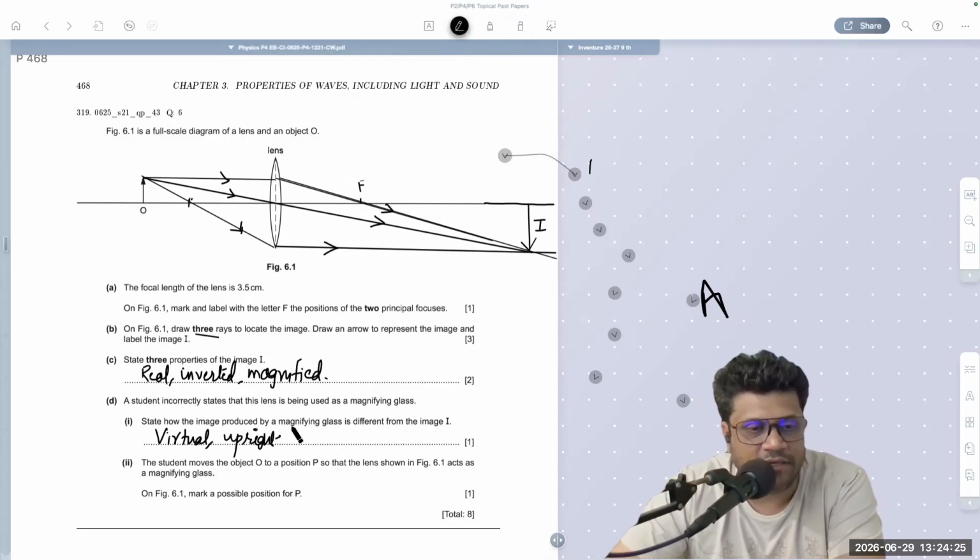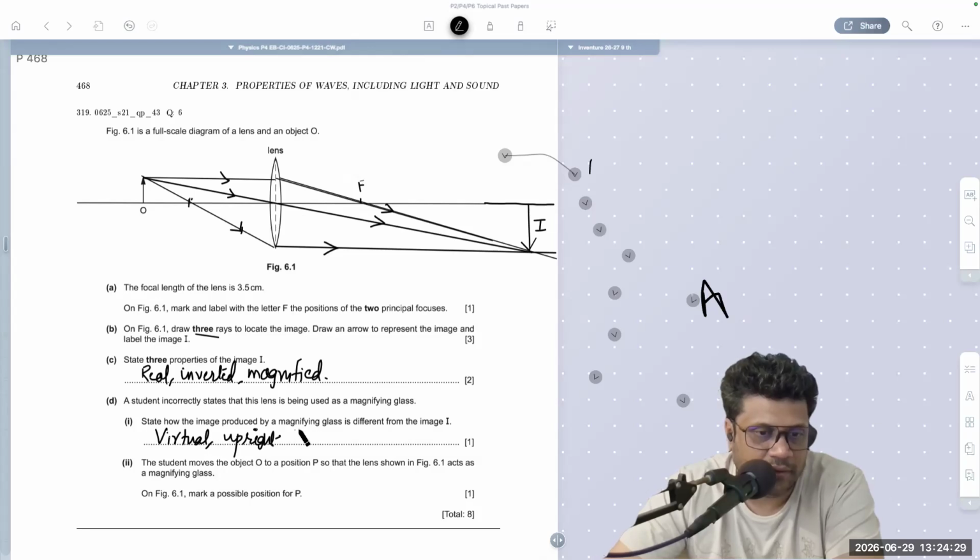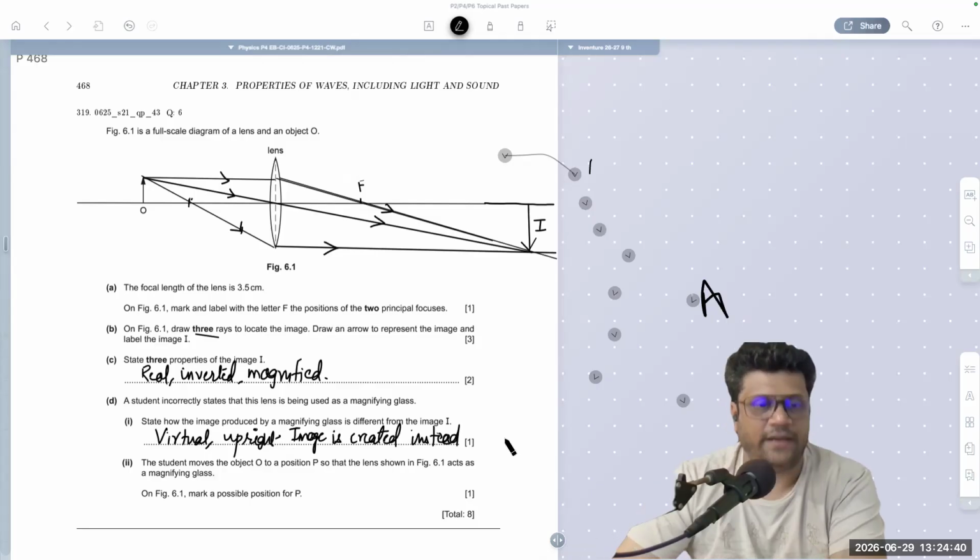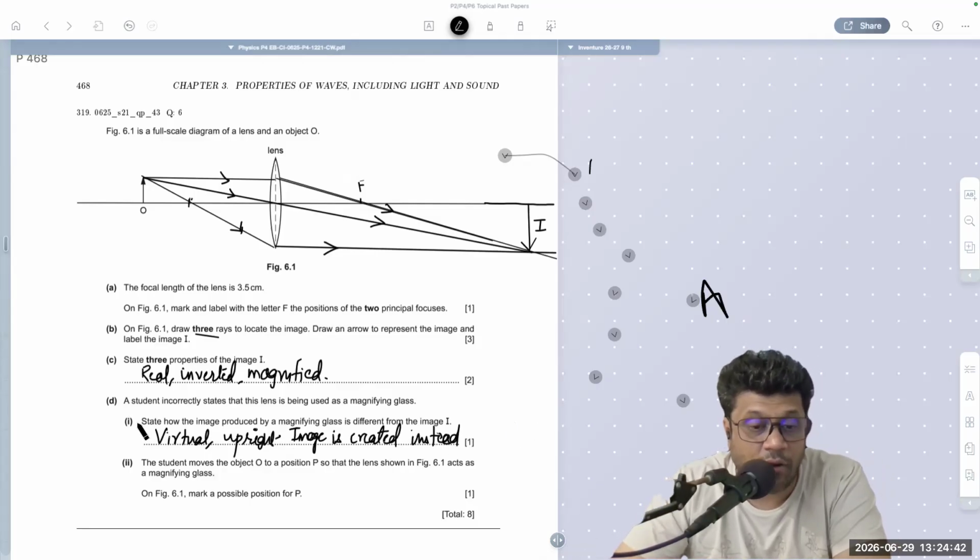So the image formed by a magnifying glass is supposed to be virtual and upright, and also on the same side as the object.